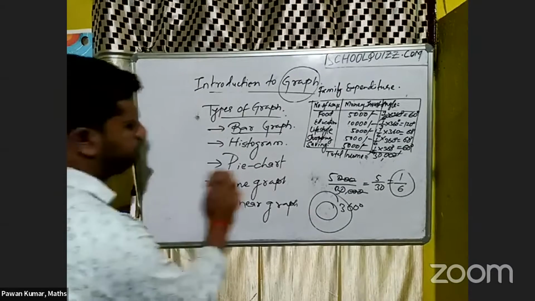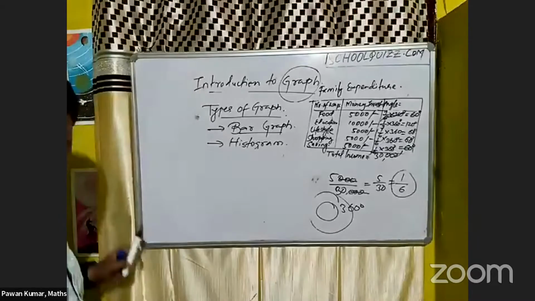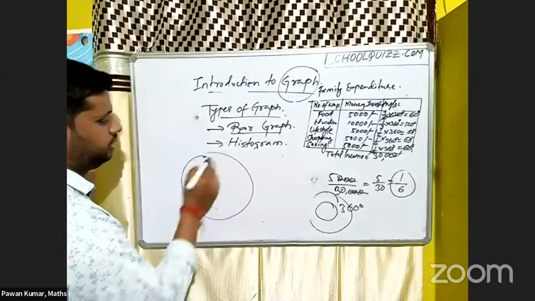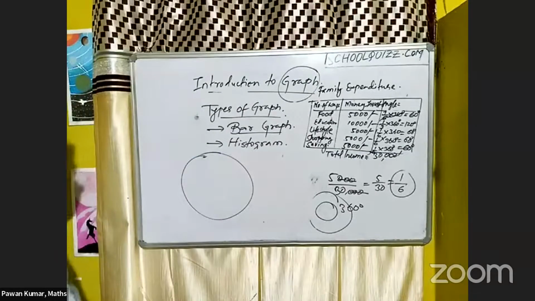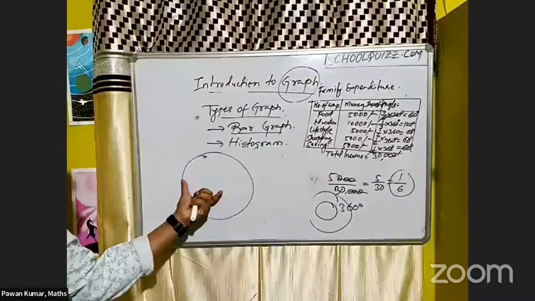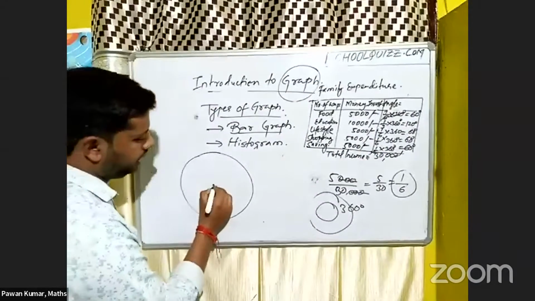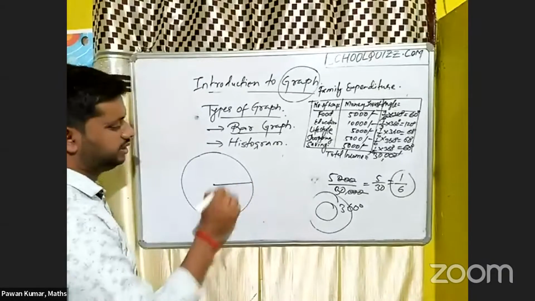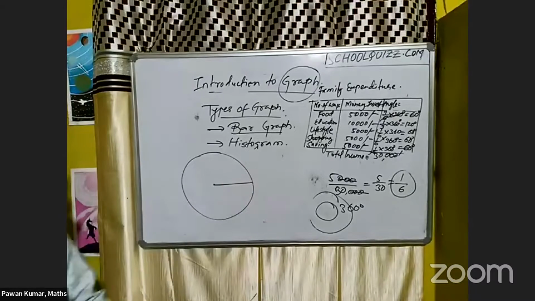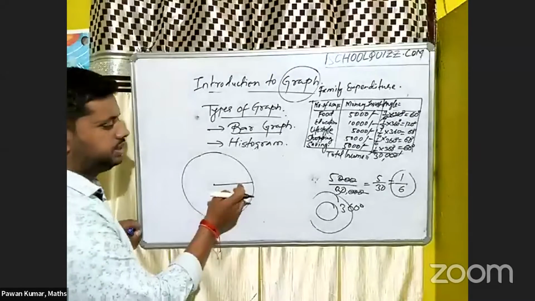So how can you prepare the pie chart? Simply, you have to make one circle. After preparing this table, make one circle here. In that circle, make any one radius, any side, no problem. So I made one radius here, and now you have to start measuring the angle using this as a base.